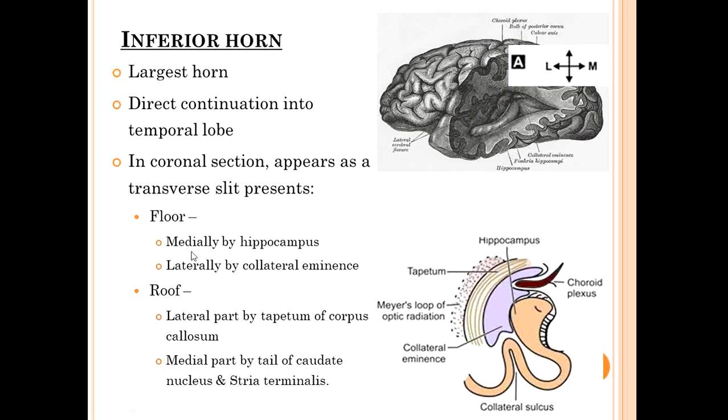The roof is formed on its medial part by the tail of the caudate nucleus and stria terminalis, and on its lateral part by the tapetum of the corpus callosum. Then the floor is formed medially by the hippocampus and laterally by the collateral eminence. So these are the boundaries of the inferior horn.